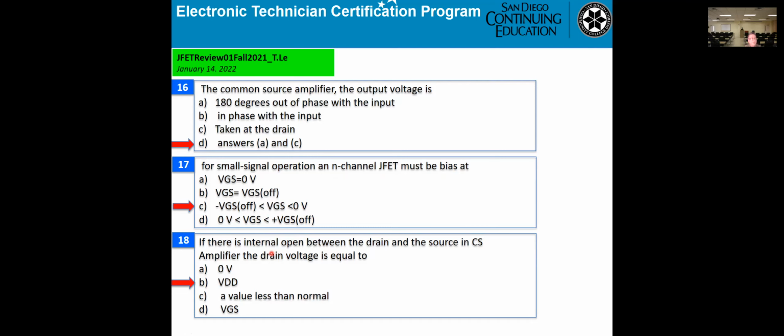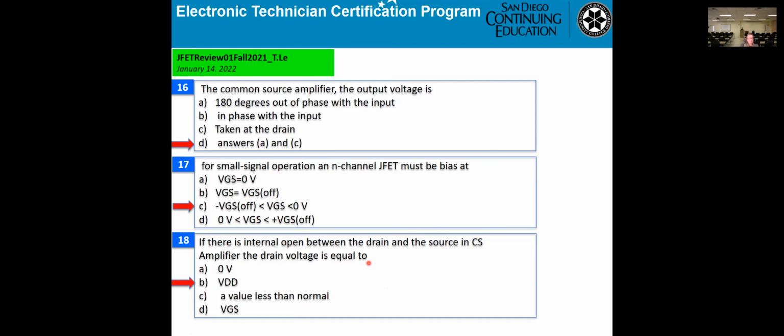18. If there is an internal open between the drain and the source in a common source amplifier, the drain voltage equals, answer will be VDD. You understand, the same as in bipolar. When it gets open, that means ID equals 0. ID equals 0 means no voltage drop across RD.